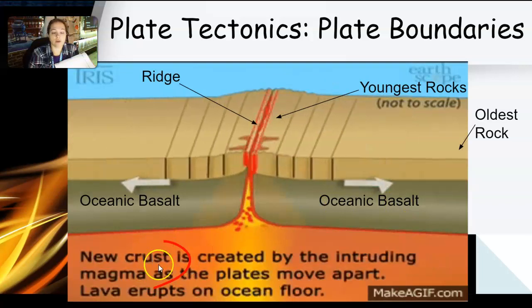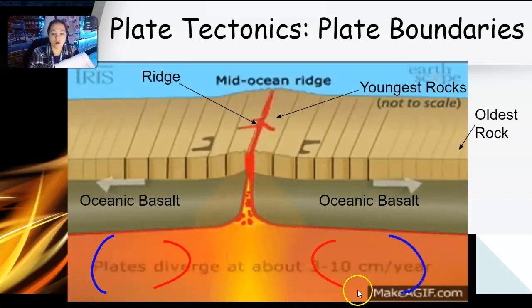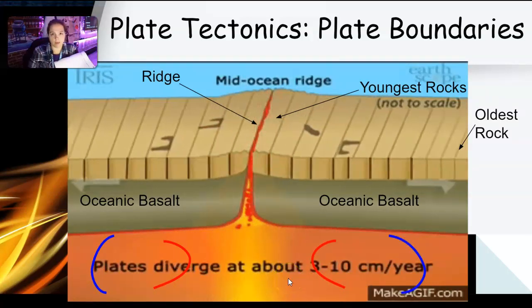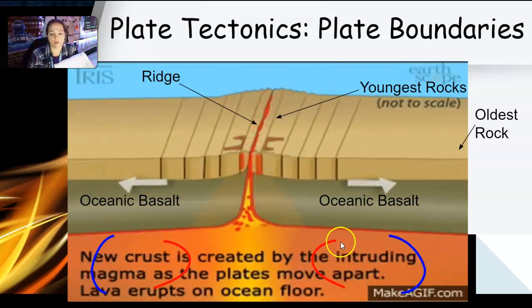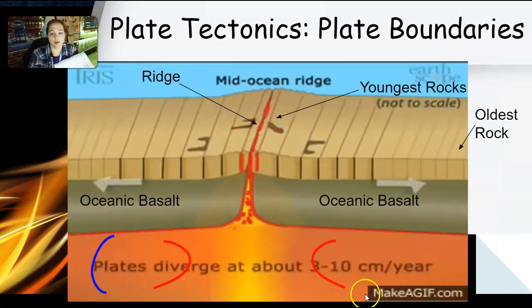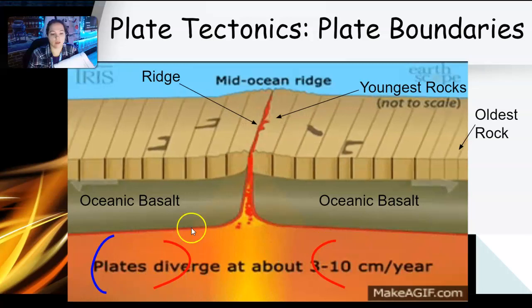And if you notice down here, I'm going to start drawing in the convection currents. So what is happening is we have the hot magma from the outer core, and it is going to push up. Sorry, I skipped ahead. It is going to push up. And when it pushes up, it goes up like this and up like this.